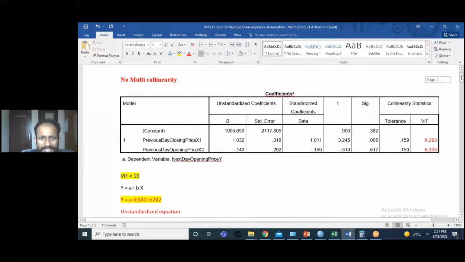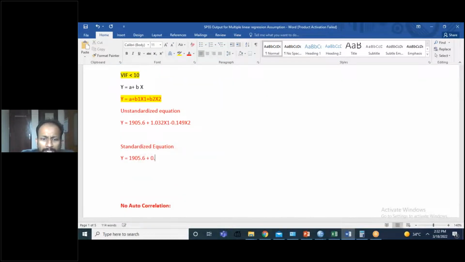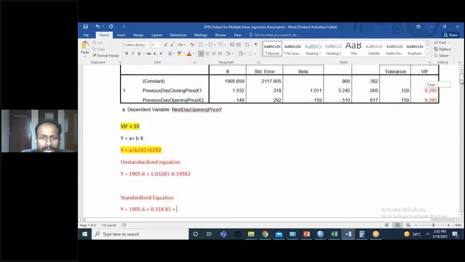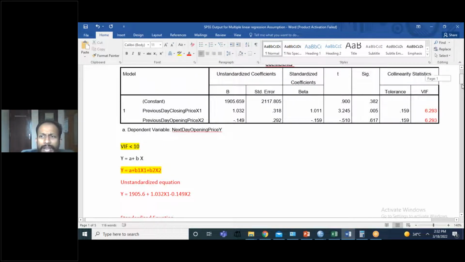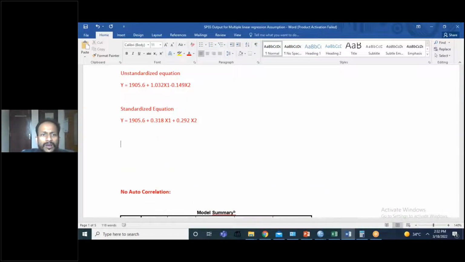For the standardized, what is the value? 0.318 x1. What is x1 here? x1 is the previous day closing price, and 0.292 x2.